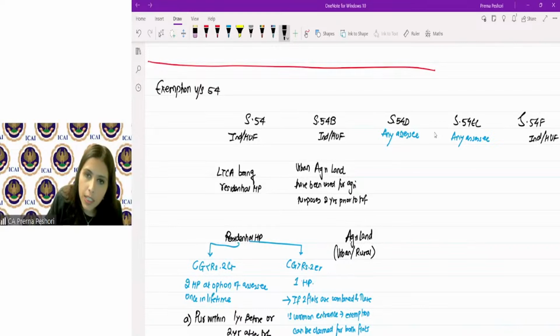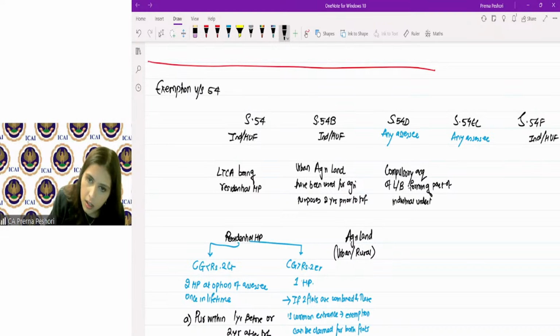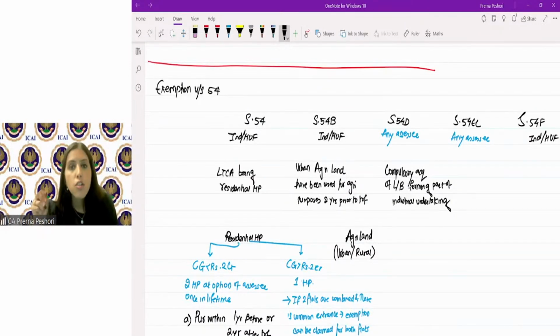Here it should be the compulsory acquisition of land or building forming part of an industrial undertaking.